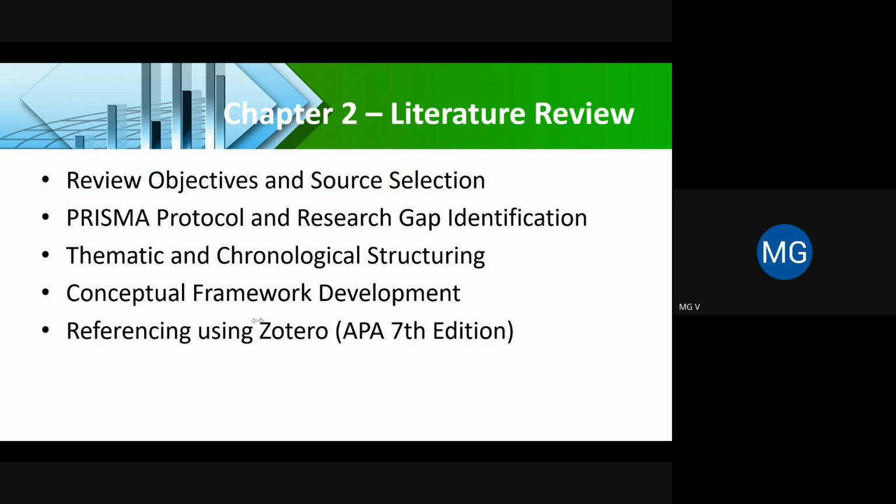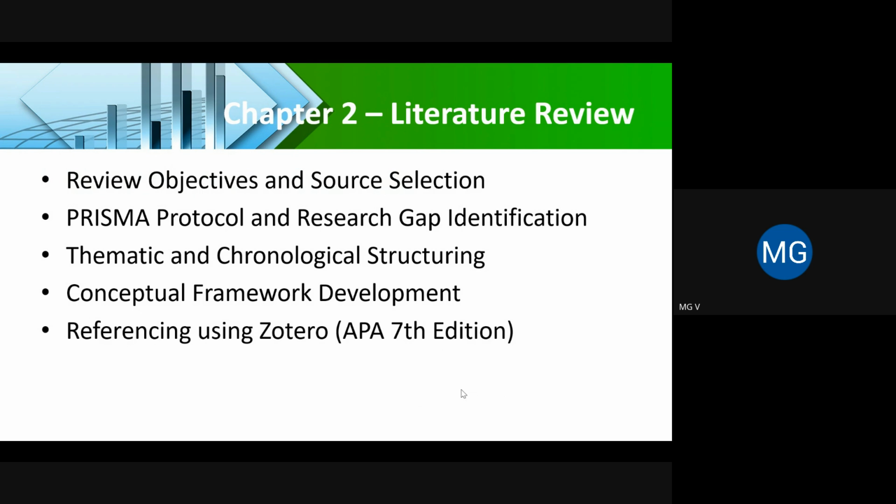So use the PRISMA protocol to systematically identify, screen, and select high-quality sources, preferably from Scopus, Web of Science, and Shodh Ganga. To maintain quality, I also suggest all of you confine yourselves only to Scopus or Web of Science and Shodh Ganga if you want to maintain quality.